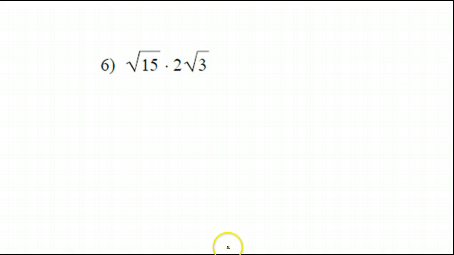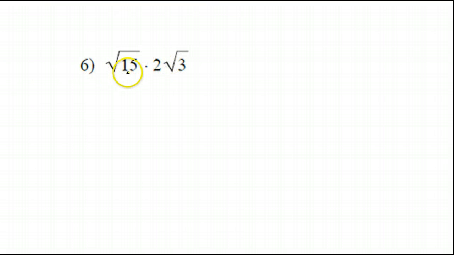Okay, now we are multiplying. So we're switching gears. First of all, square root of 15. 15 is just 3 times 5. There's no perfect square in there, so it can't be simplified. But when you're multiplying, you just need the same root, the same index, but the radicand, the number under the radical, does not have to be the same when you multiply.